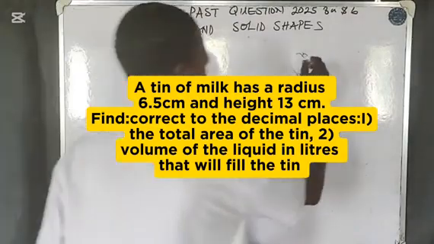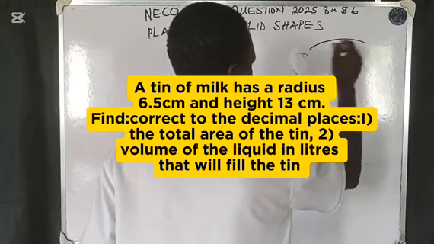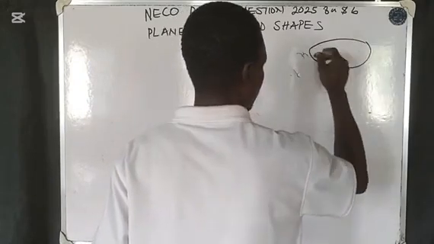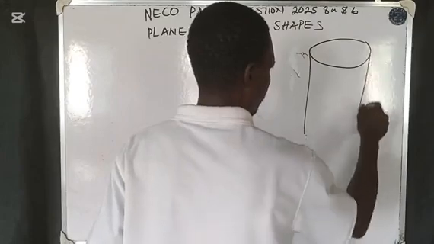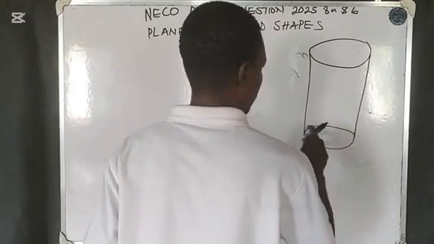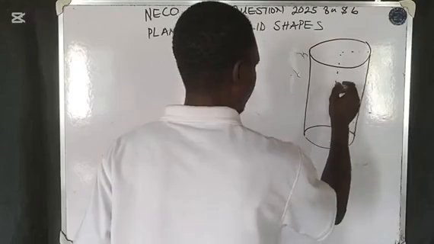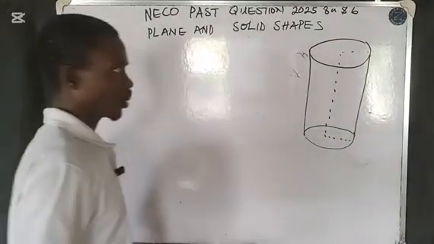Let's draw the cylinder here. Let's say this is a cylinder. This is a tin of milk. So what are they saying about it?